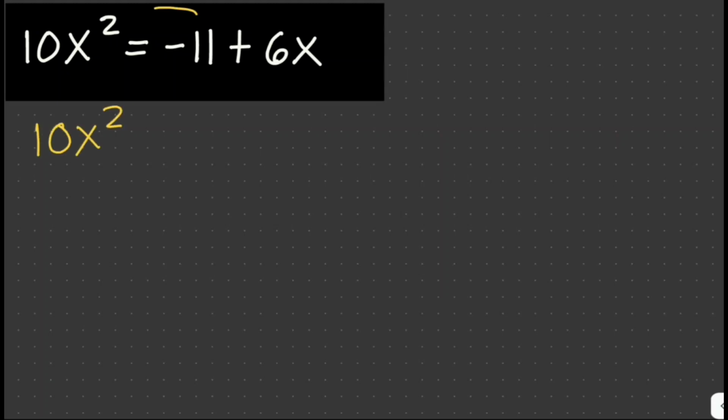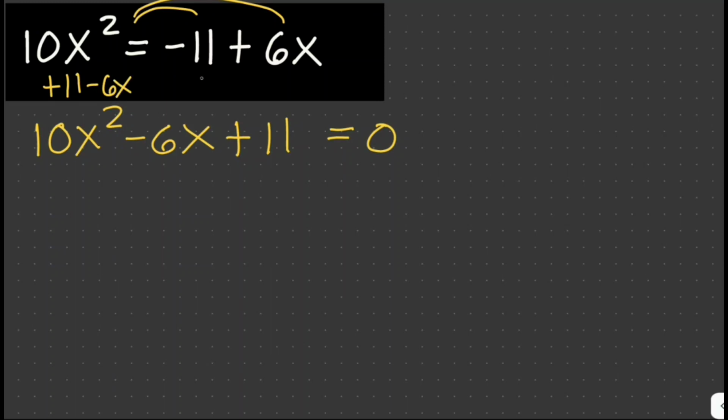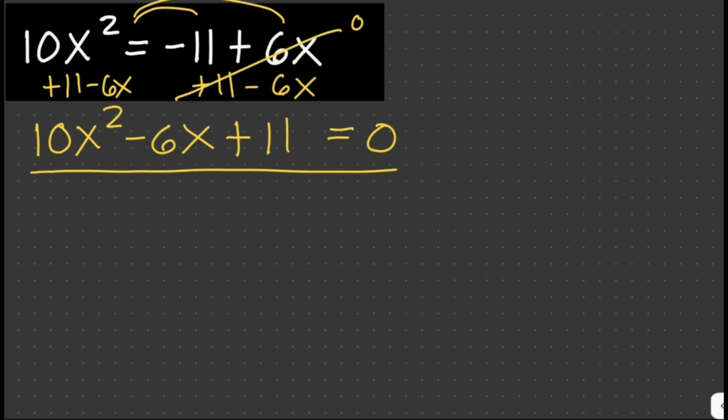We transpose negative 11 and positive 6x here. So positive 6x would become negative 6x, and negative 11 would become positive 11, then equals 0. So this is our equation now.